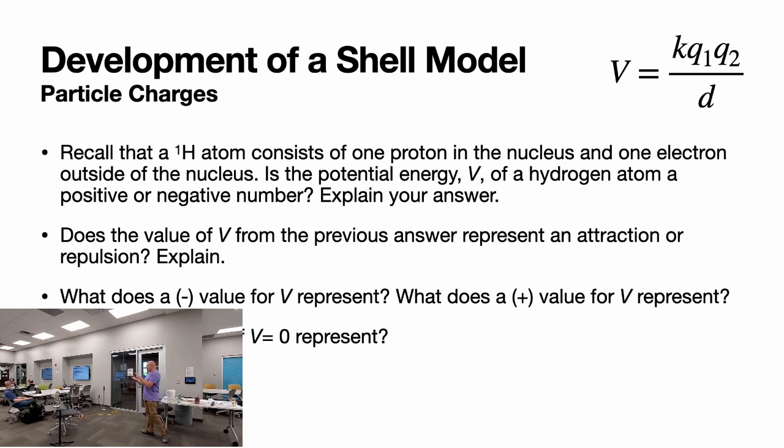K is always positive, D is always positive. There's Q1, proton. Charge is what? 1. Q2, electron with charge negative 1. And plus 1 times negative 1 is? So our V has to be a negative value.